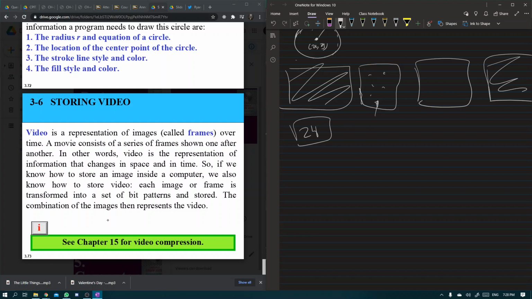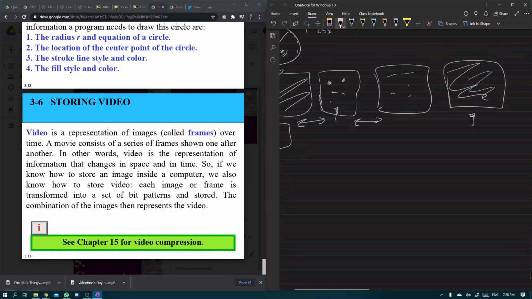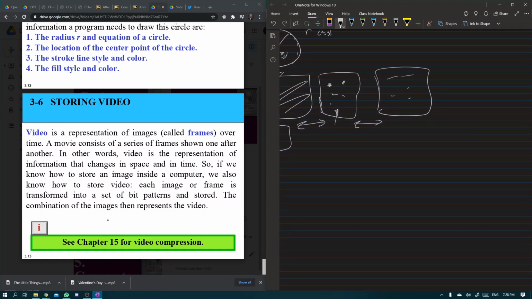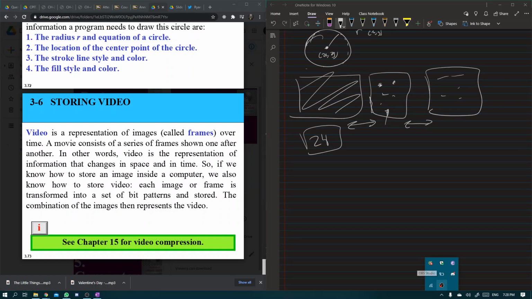So this is what changed between these two frames, and then over here this is what changed, and then it'll hit the keyframe, which has all the data that the image needs. And sometimes the keyframe is missing. When the keyframe is missing, you probably see artifacts in the video. So yeah, that is data storage.